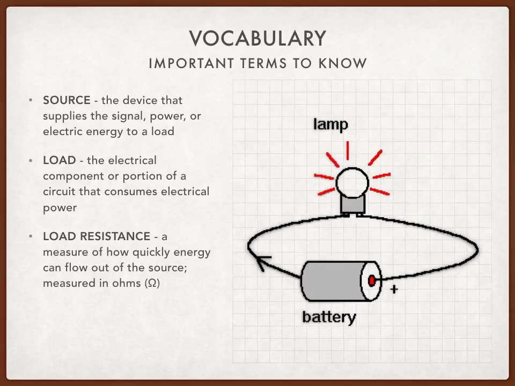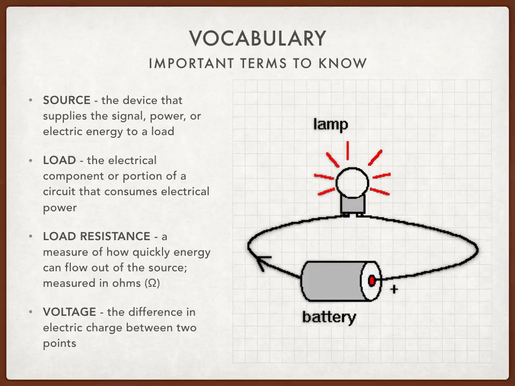This is a measure of how quickly energy can flow out of the source, measured in ohms. Finally, the voltage is the difference in electric charge between 2 points. Any 2 points on a circuit will always have an electric charge, and there might be a difference between the two, and this difference is known as the voltage.